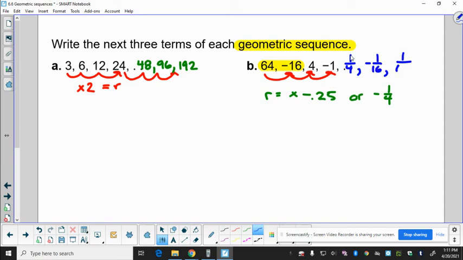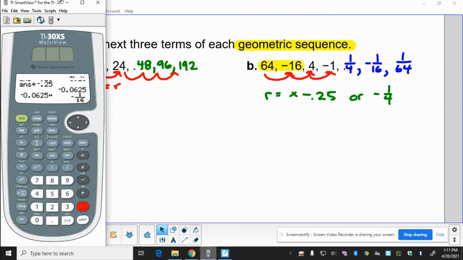You could go to Desmos and simplify those, whatever you got to do. I'm just converting them with my fraction key. You can do it, everybody. You got to know your calculator to get that done.